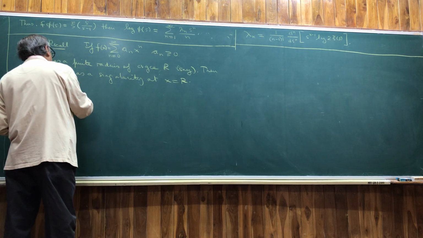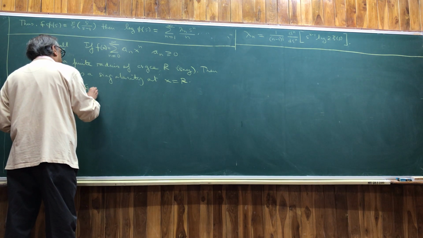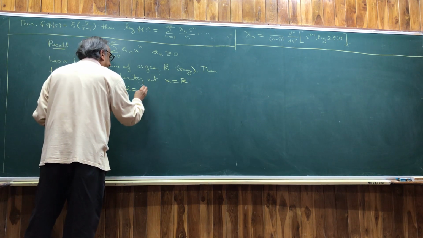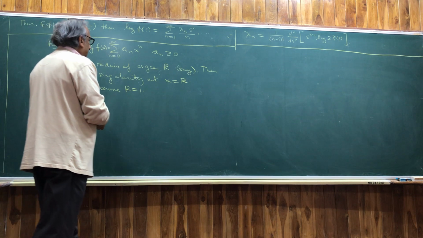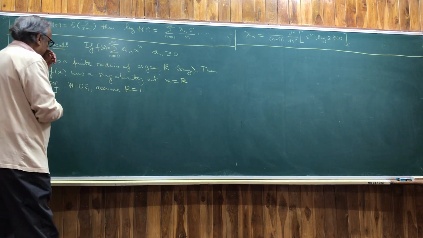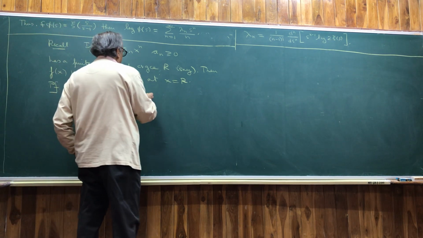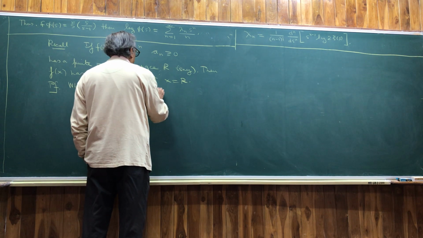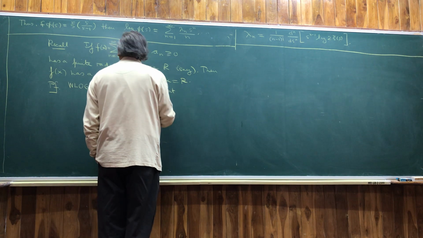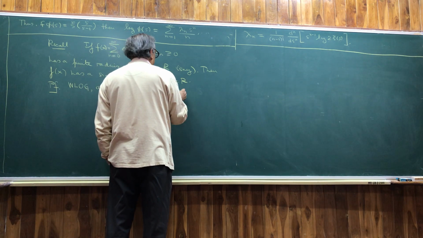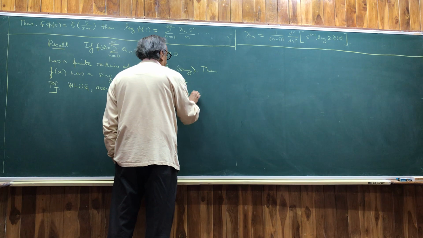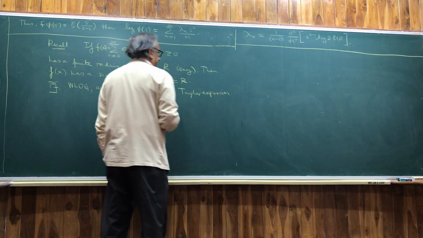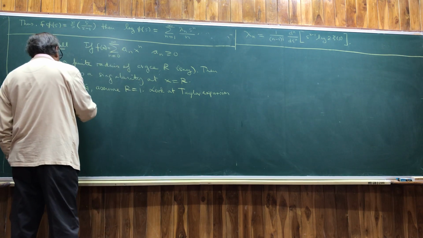So without loss of generality, assume R equals 1. And so it's analytic inside the disc. Suppose we look at the Taylor expansion about x equals a half.